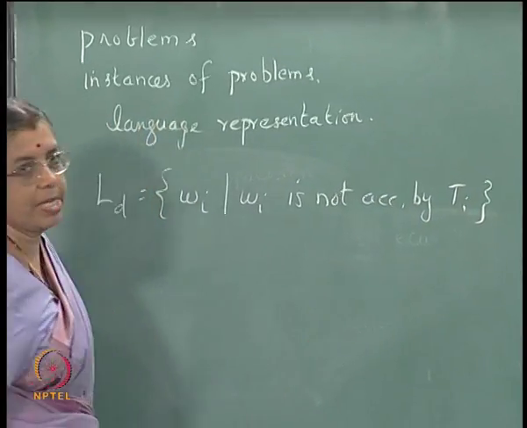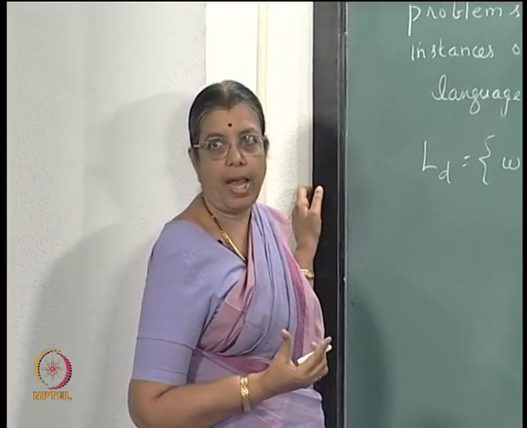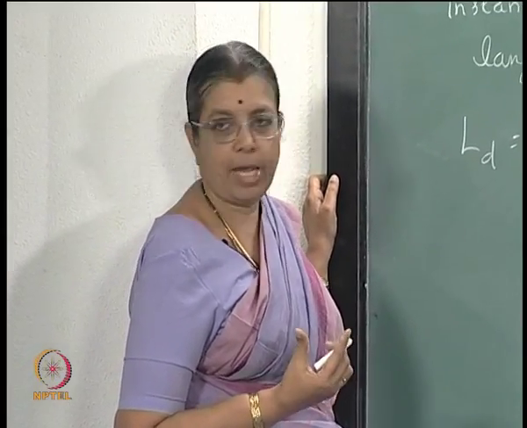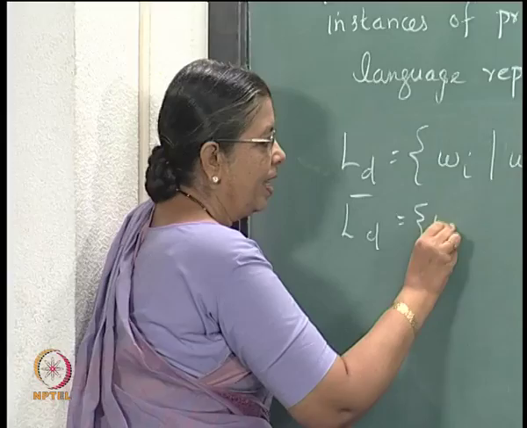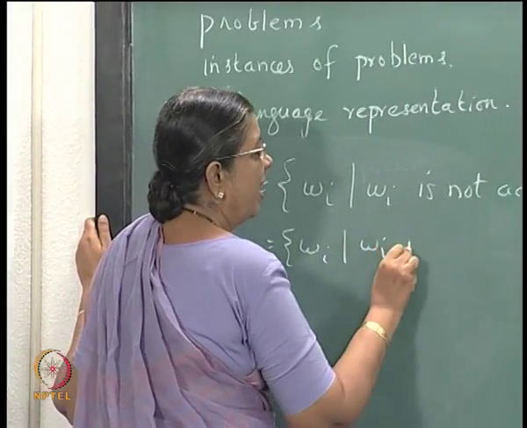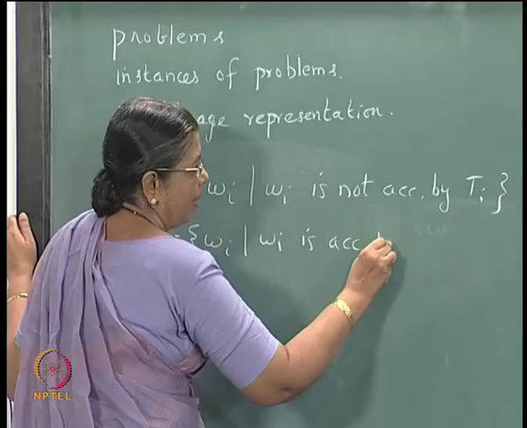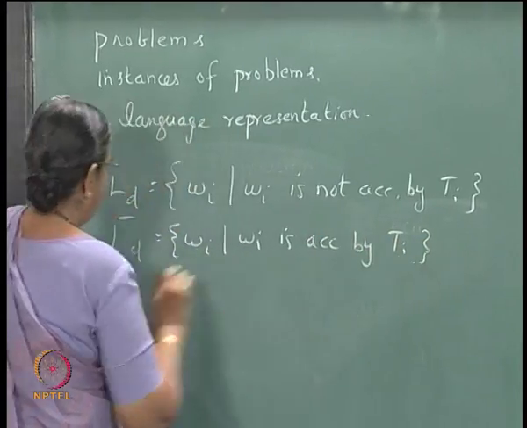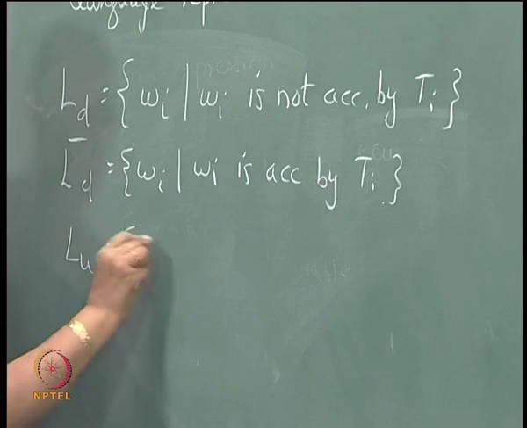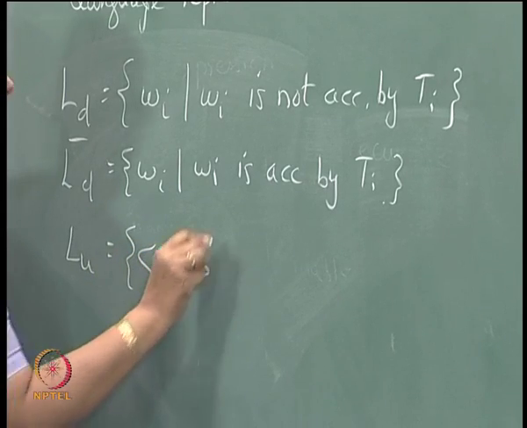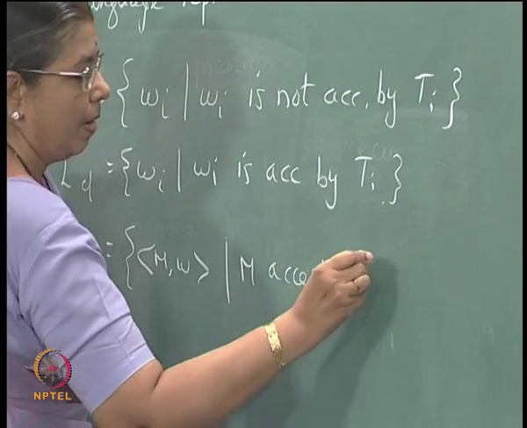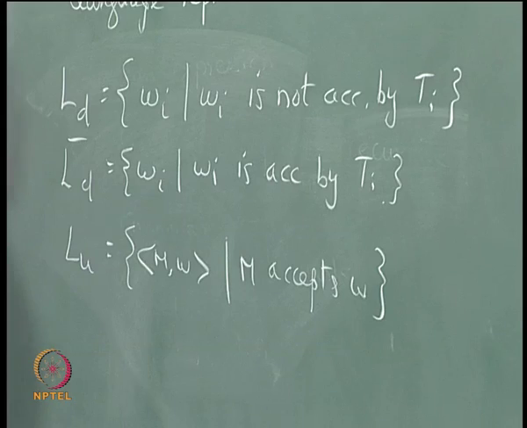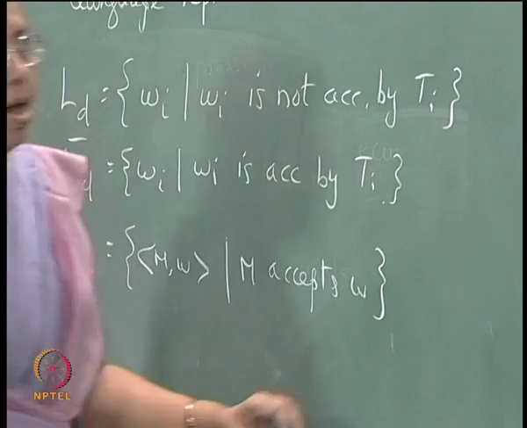We know that the Turing machine can be encoded using 0 and 1 and they can be enumerated. LD bar is the complement of that, that is Wi such that Wi is accepted by Ti, and LU is the set of pairs M W such that M accepts W, right, the universal language. Now, LU and LD bar are here.